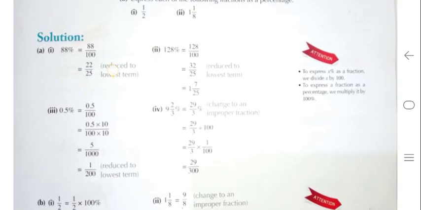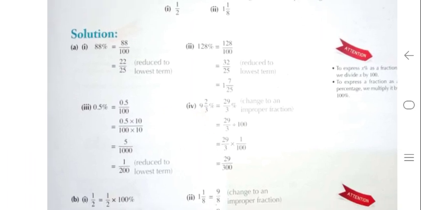9 2 over 3%. If you have a mixed fraction for the percentage, you just turn it into an improper fraction first. Again percent means over 100, so 29 over 3 becomes 29 over 300 actually, or 29 over 3 times 100, the 100 is below.